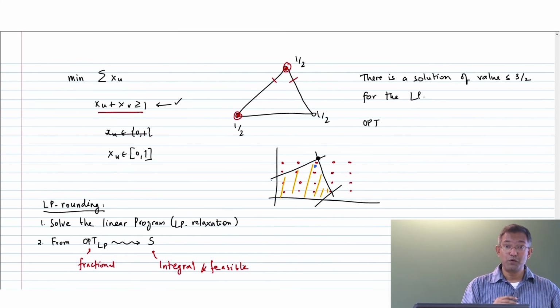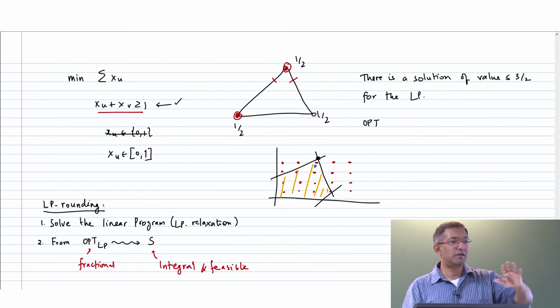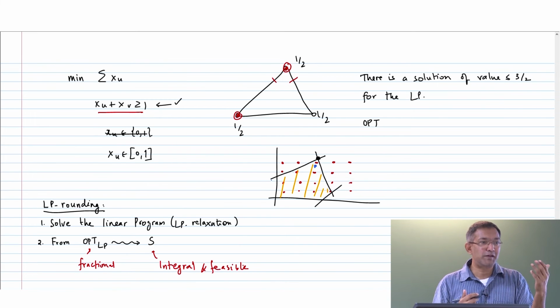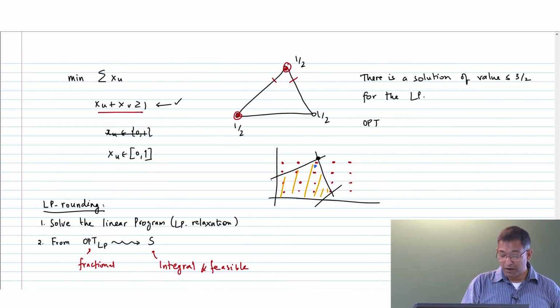So, you want to produce a solution. The LP is giving you some clue, right. It is saying, well, you should take this vertex with x value at least, let us say, 3 by 4 or at least 0.9. That means that maybe it is a good vertex to pick, right. So, you want to use the information from the LP to produce an integer solution. Okay. But you want to do this without losing much.